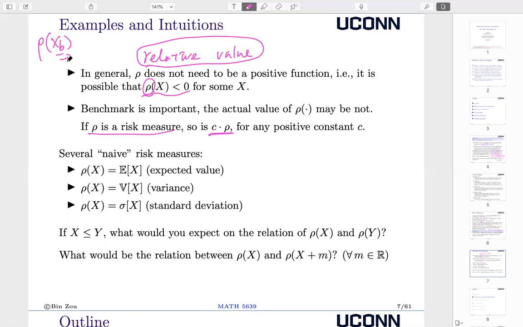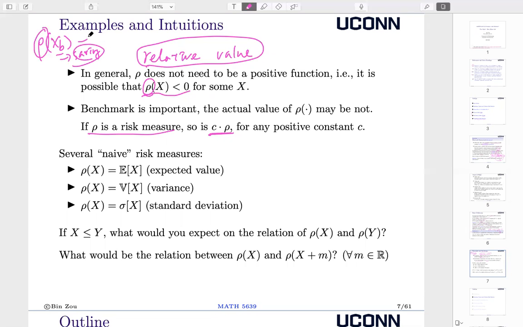So this is a saving account. Let's say it gives you 1%. Well, 1% now is outstanding, given that the interest rate is pretty much zero. So let's say you can put money in a saving account that gives you 1% return over, let's say, 1 year. Okay, so you can plug in your risk measure.